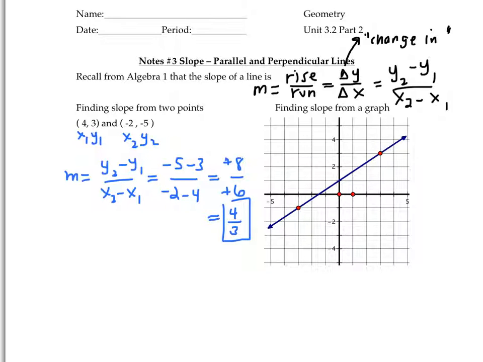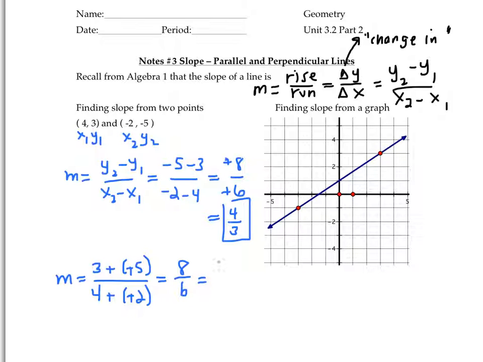Now, I just want you to notice if we had started with the other y value first, if we had done 3 minus negative 5, we'd also have to start with the other x value first in the denominator, 4 minus negative 2. I just want to show you that the result would be the same. 3 minus a negative 5 turns into 3 plus 5, which is positive 8. 4 minus a negative 2 turns into 4 plus 2, which is 6.